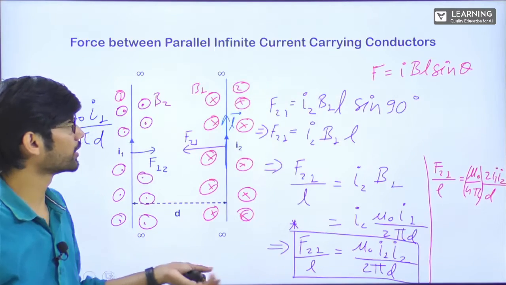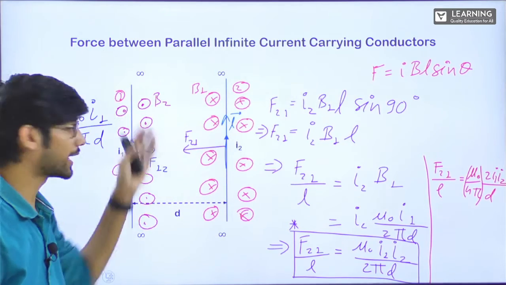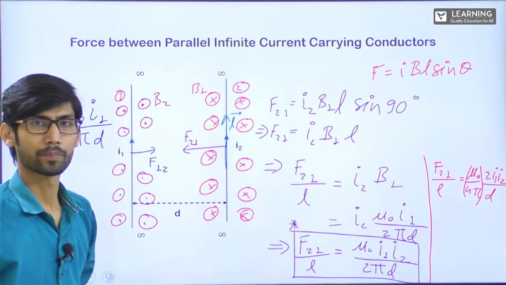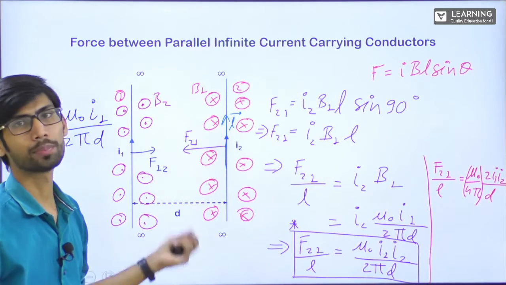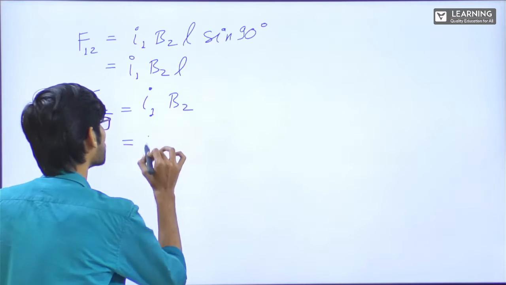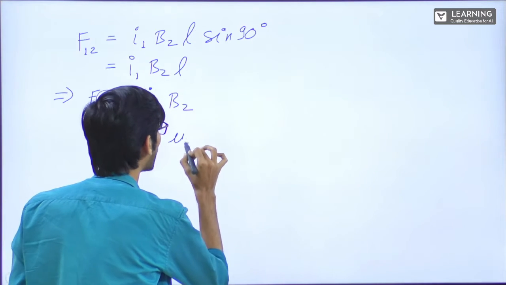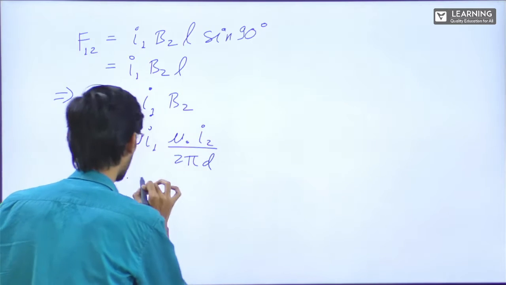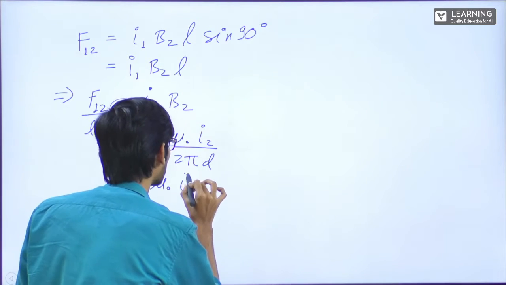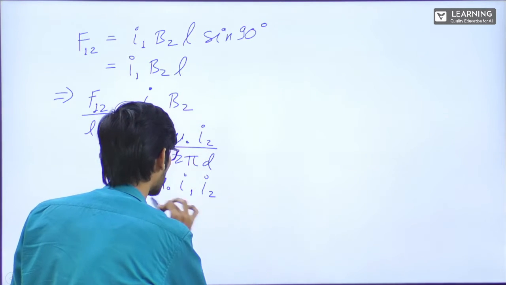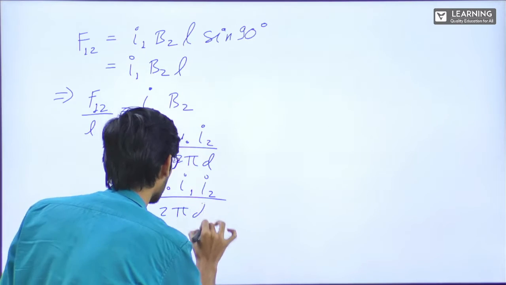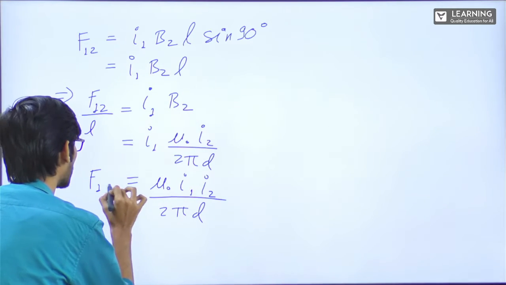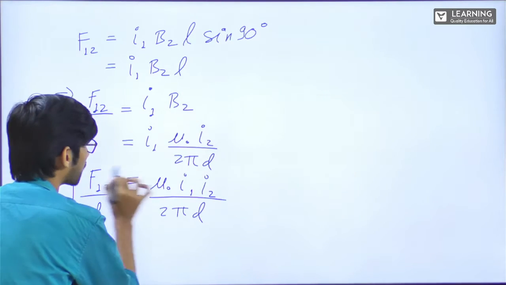Magnetic field due to an infinite current carrying conductor at a distance d: mu naught I2 upon 2 pi d. So here I1 is there, here mu naught I2 upon 2 pi d, that is mu naught I1 I2 upon 2 pi d, that is force on 1 due to 2 per unit length.